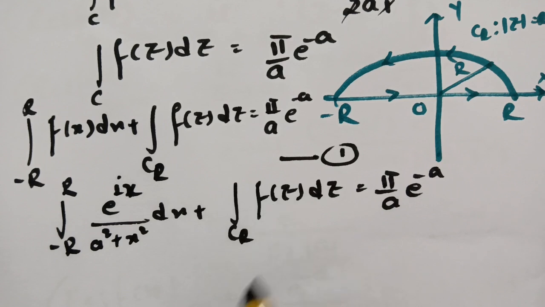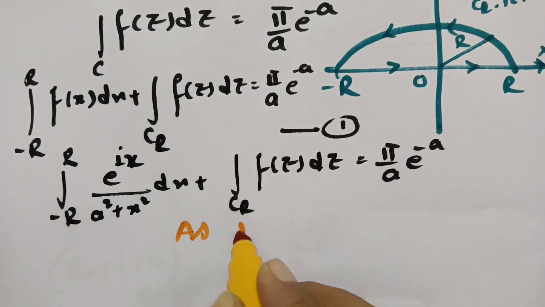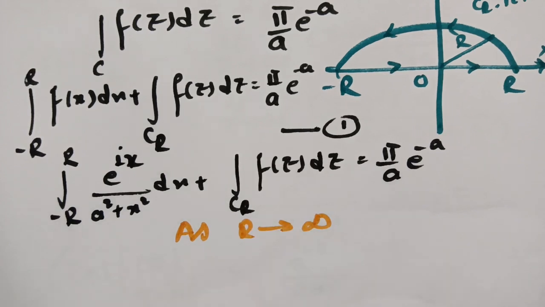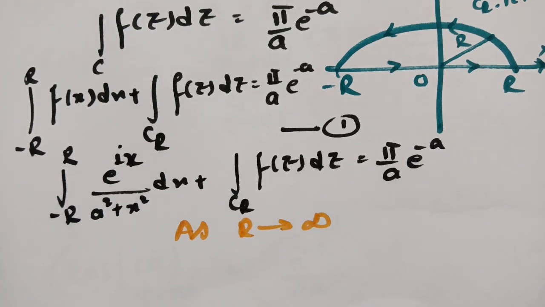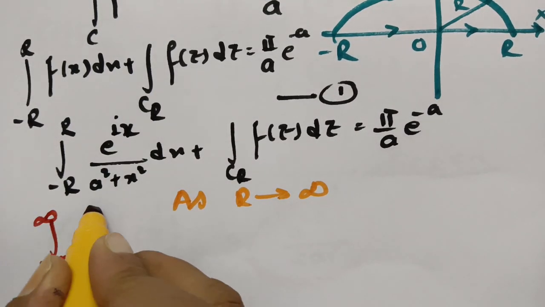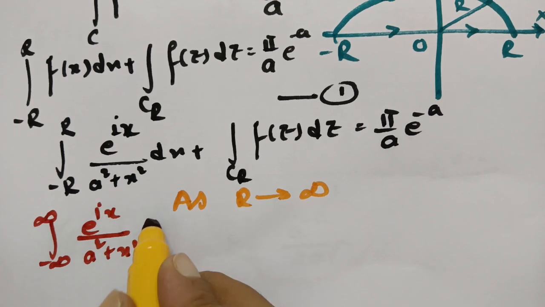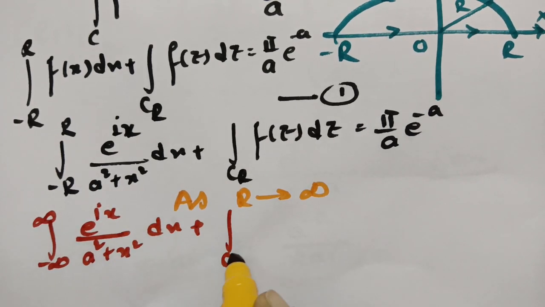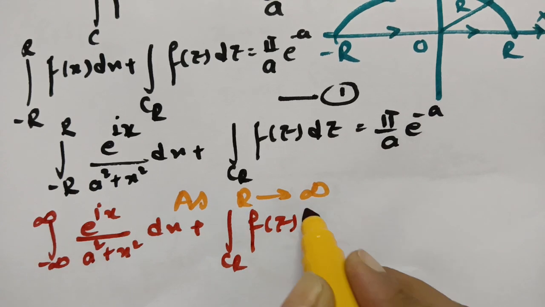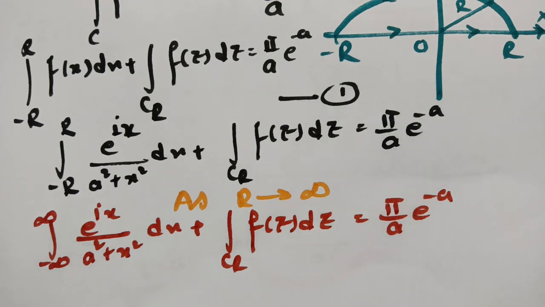Here, as we tend r to infinity, what happens? This will be integral from minus infinity to plus infinity of e power ix by a square plus x square dx plus integral cr f of z dz, whose value will be pi by a times e power minus a.